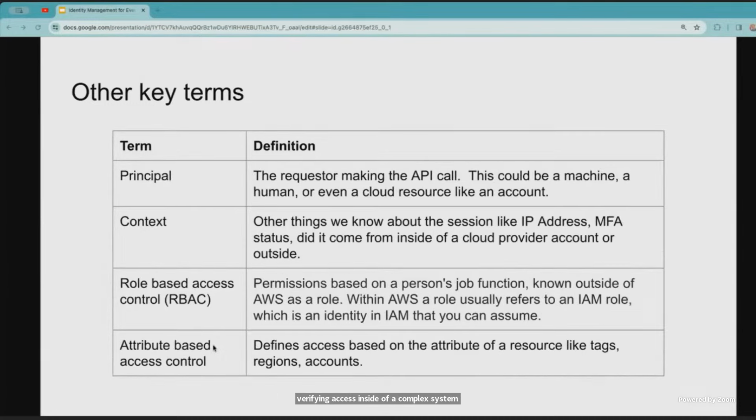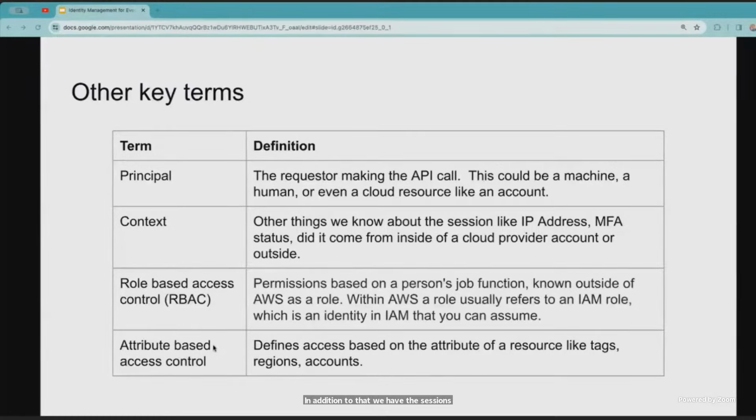So beyond that, before we can have the conversation, we also have to define a few more things here. So anytime that I use the word principal, that is going to be the entity inside of the cloud environment that makes an API call. Now, some people think that this is often only humans, but actually these can be machines. Principals can be other cloud provider accounts. They can be federated setups. In addition to that, we have the session's context.